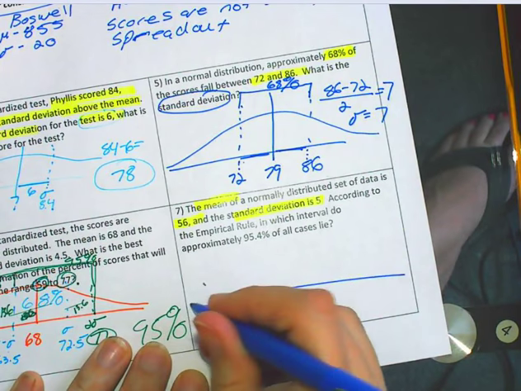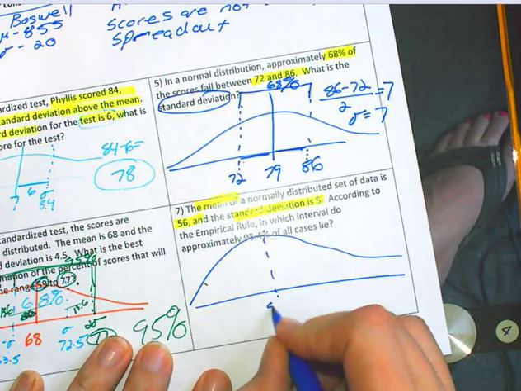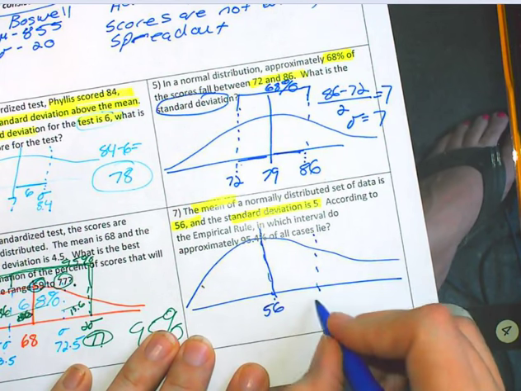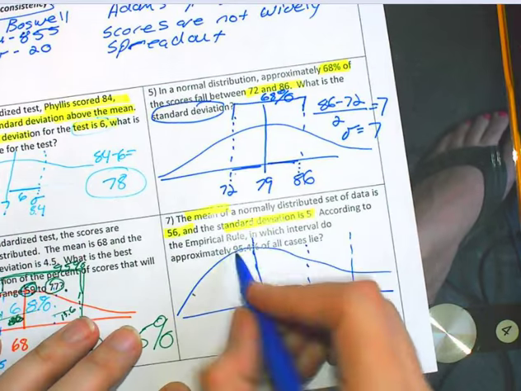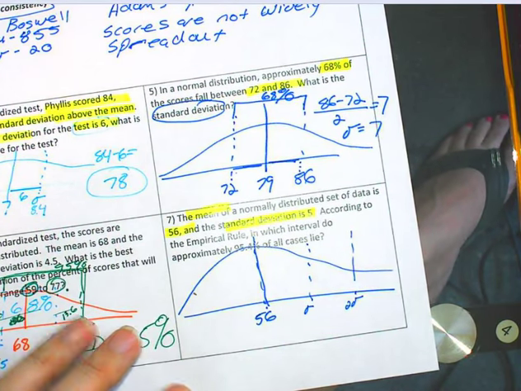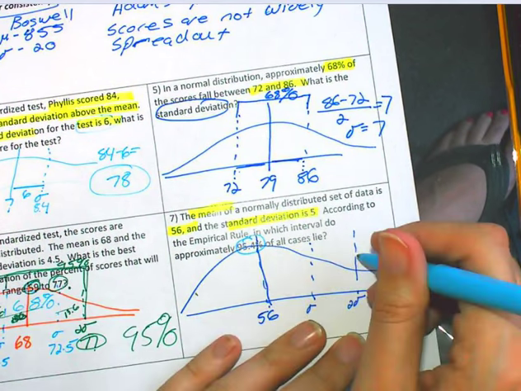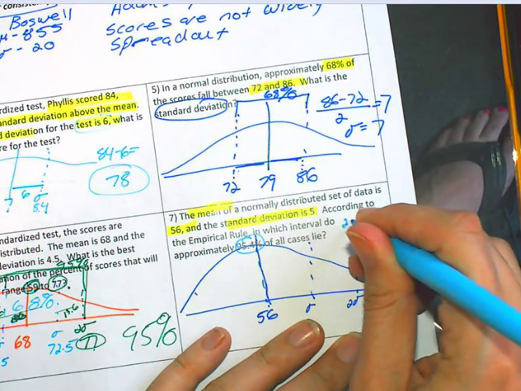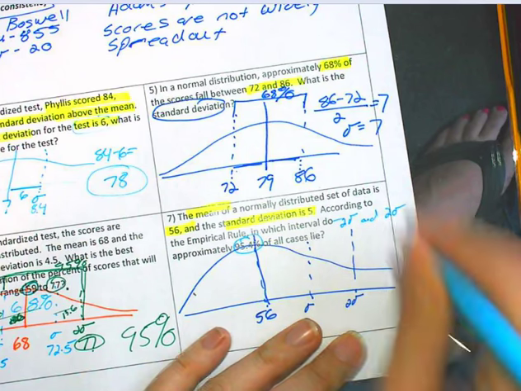All right, so I've got a normal distribution. It says my mean is at 56. I'm going to go up a standard deviation. And I'm going to go up 2 standard deviations. And then, because I'm looking for 95.4%, you should know that 95.4% is between 2 standard deviations below the mean and 2 standard deviations above the mean.